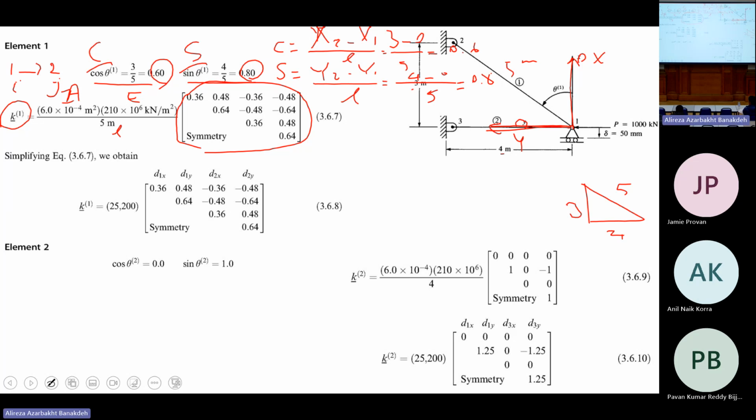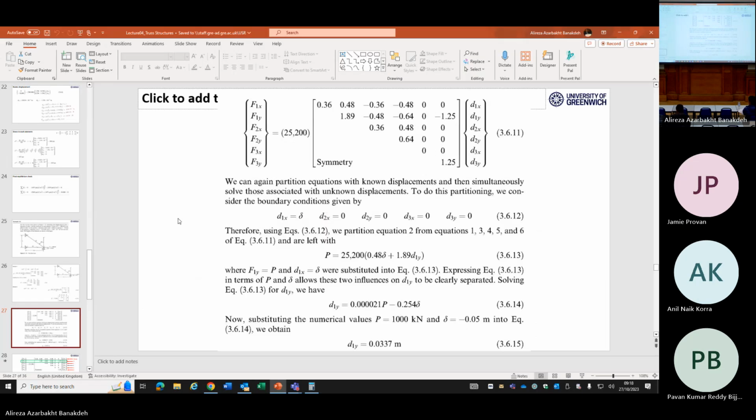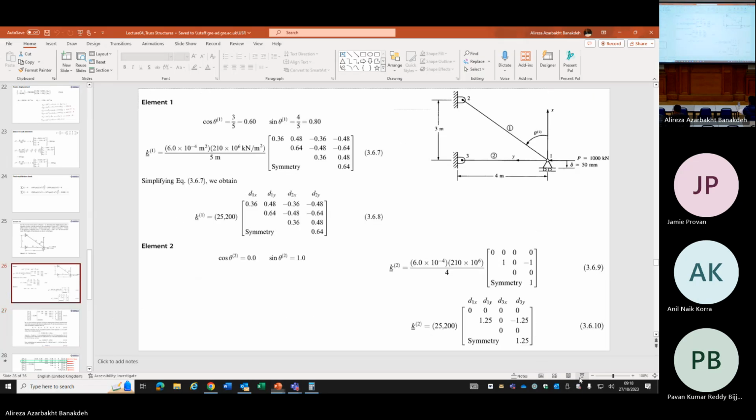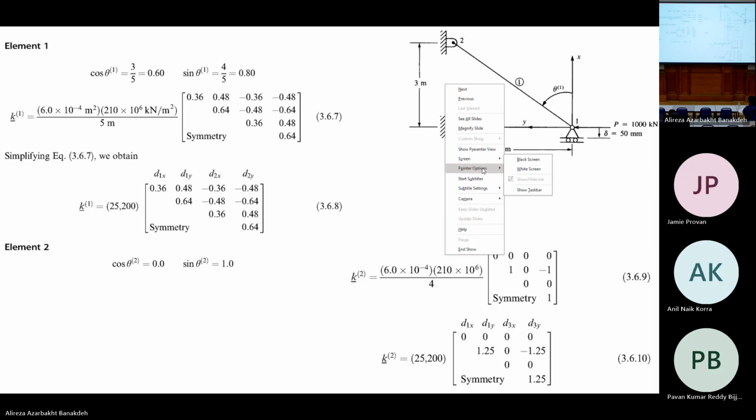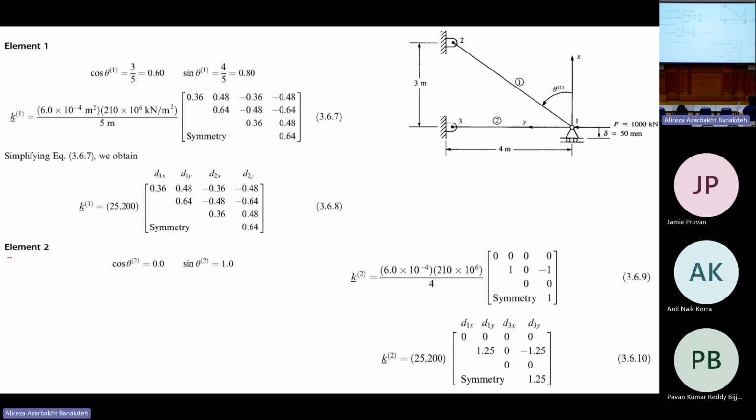All right? So shall we do it for element number 2? Element number 2 connects node number 1 to node number 3. You can say it connects node number 3 to node number 1. That's fine. But whatever you define, follow that for the rest of your calculation. For element number 2, it connects number 1 to number 3.